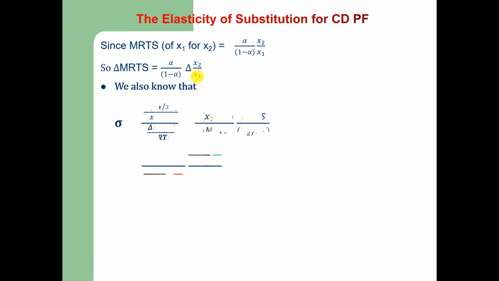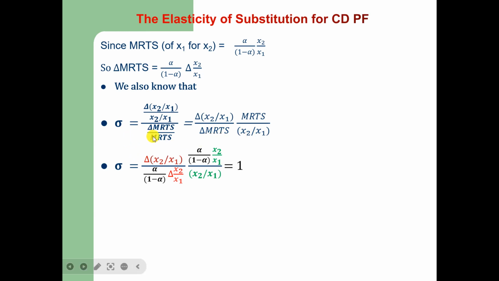We also know that the elasticity of substitution is given by this formula: the percentage change in the input ratio, or the factor ratio, divided by the percentage change in the marginal rate of technical substitution of x1 for x2, and that is equal to the change in the factor ratio divided by the change in MRTS times MRTS divided by the input ratio.